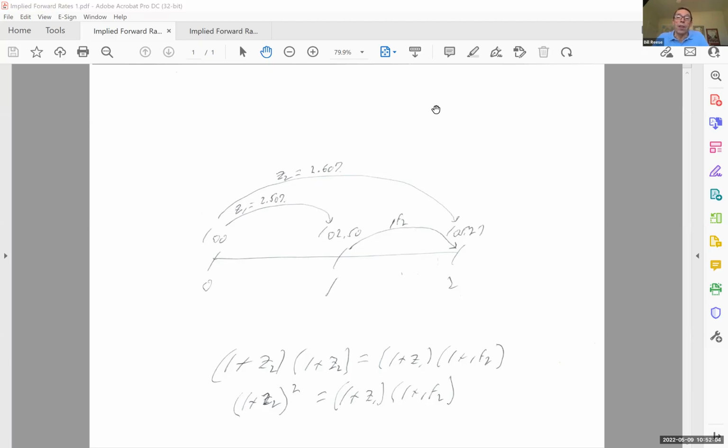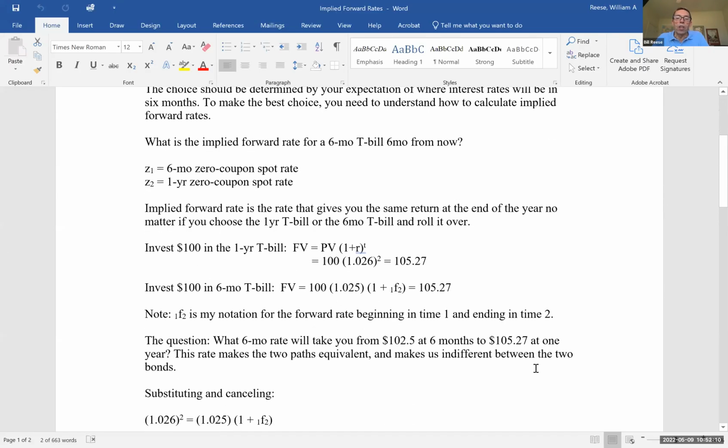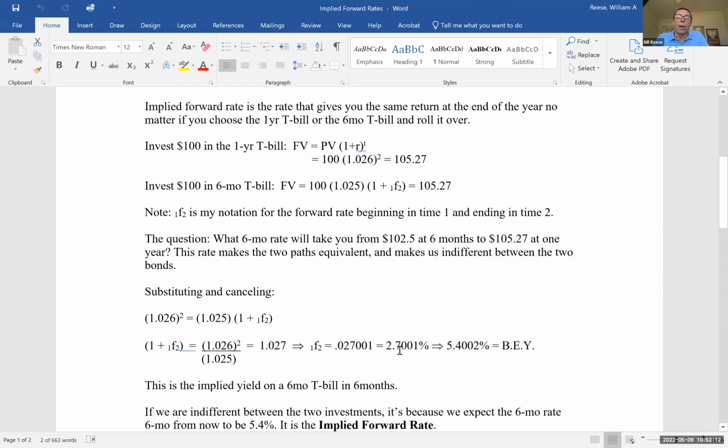But this kind of helps us see what it is we're doing here, okay? That 1F2 is going to be pretty close to 2.7%. It's going to be 2.7001%. But it's important that you don't say 2.7% because as we get further out, we'll find that the geometric mean and the arithmetic mean will be reasonably different from each other. They'll be a little more significantly different from each other, okay?